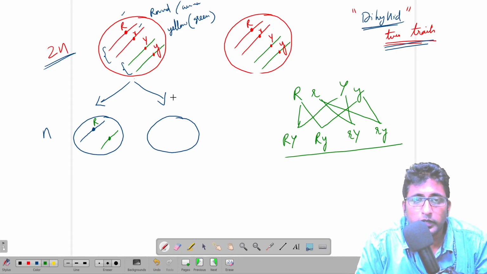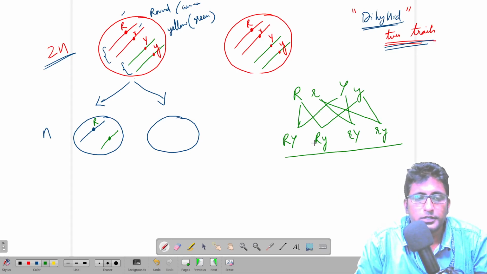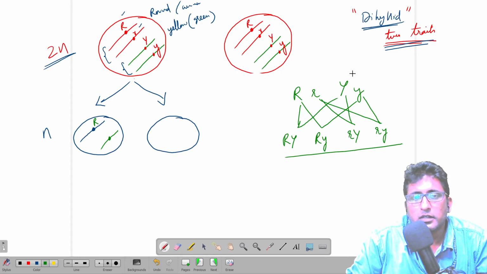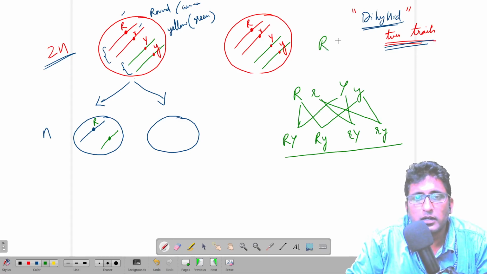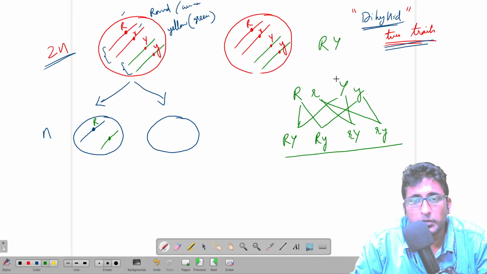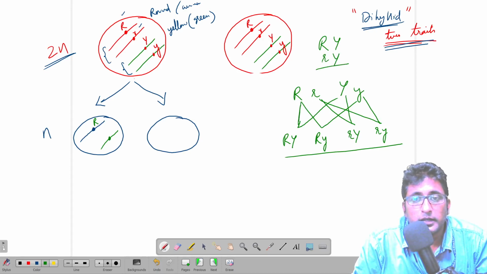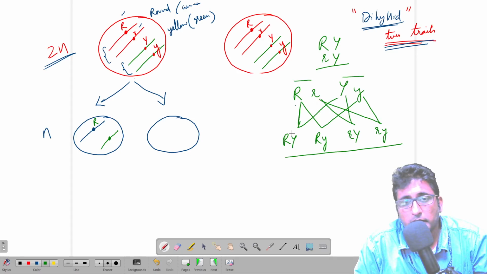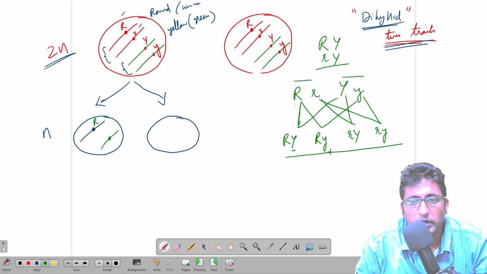So the point of independent assortment is to say that it's not always that capital R would always go along with capital Y, or small r will always go with capital Y. The alleles, the genes here can have a capital Y or small y.